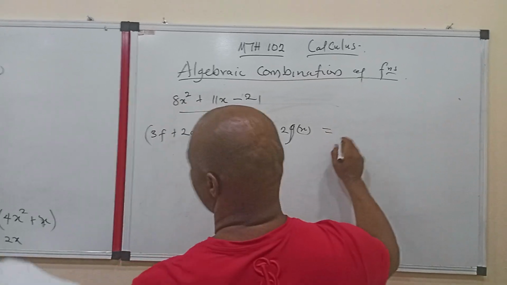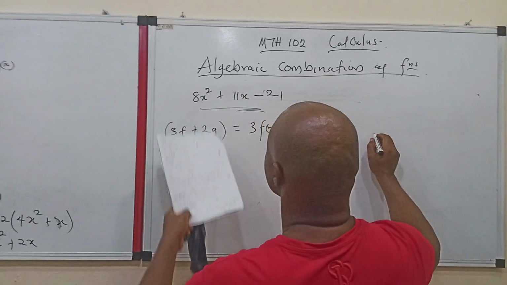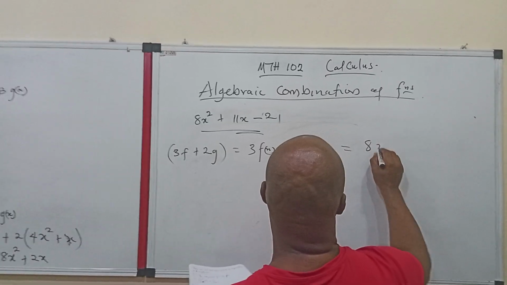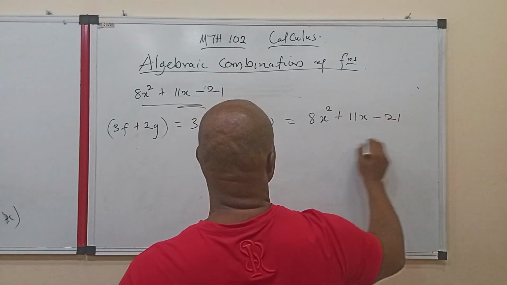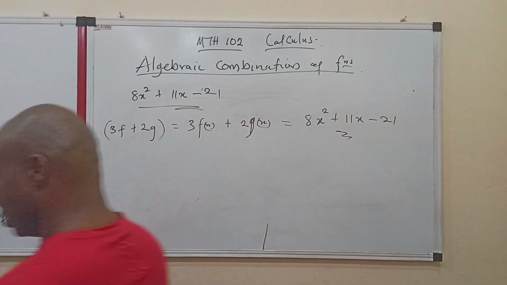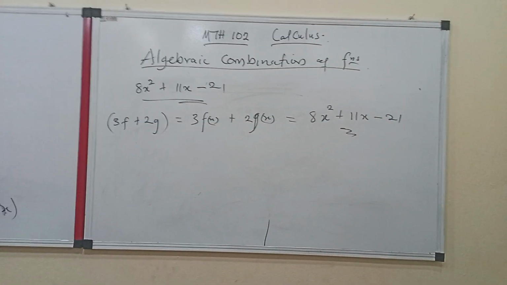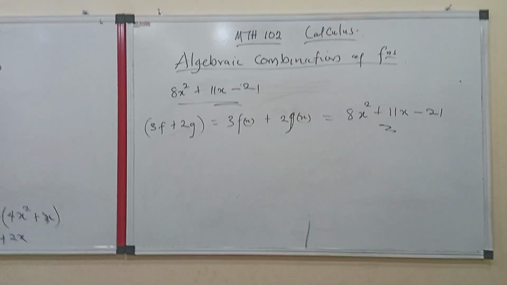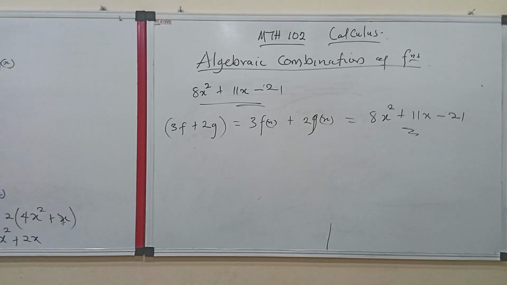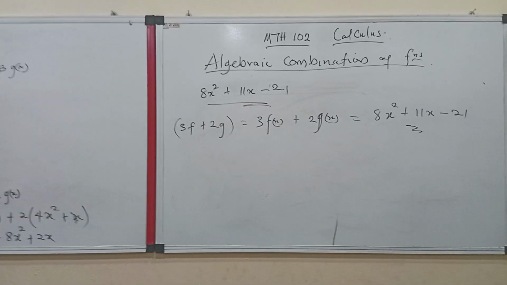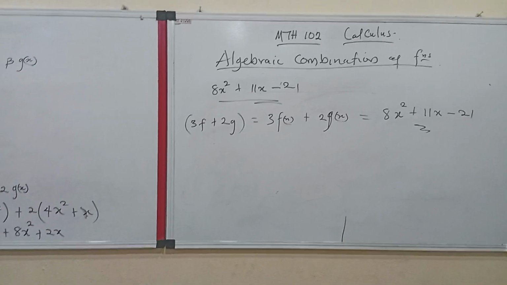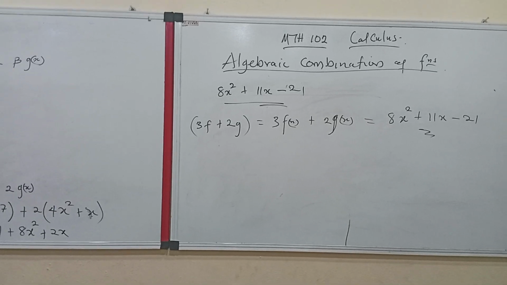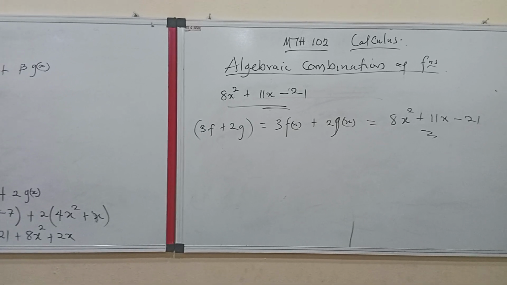The answer boils down to 8x squared plus 11x minus 21. So you can see that in cases where we have scalars multiplying the functions, we can also open up, and you will see that life is pretty simple and beautiful.